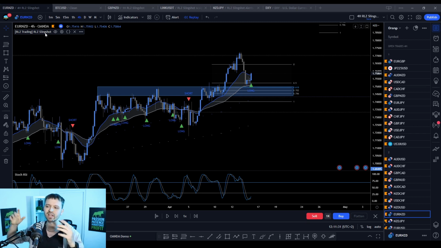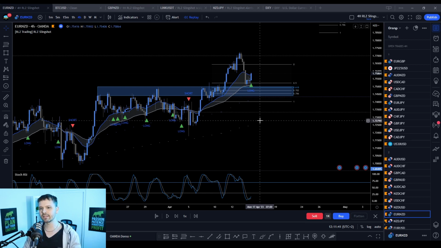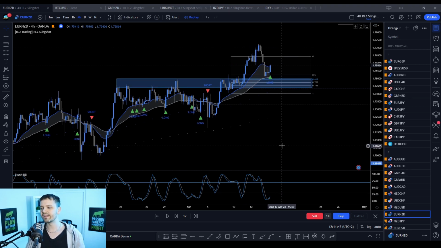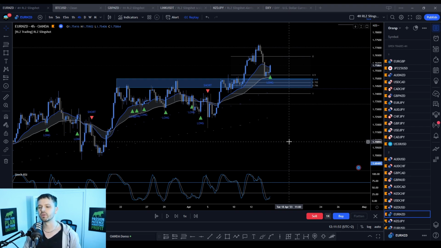The 4 hour trend agrees with the daily trend. We're now hitting a good area where multiple indicators are confluent, and the stochastics RSI is below 30. Now that's the only way to use the stochastics RSI in this system.